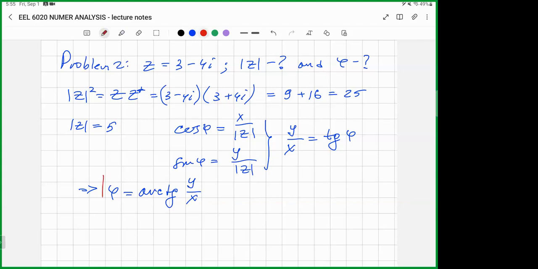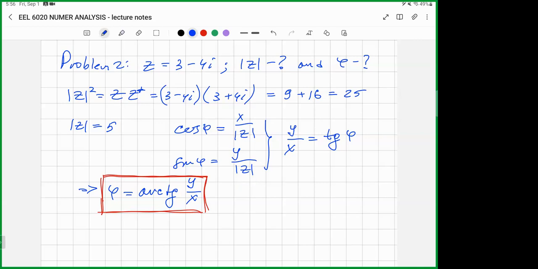We can frame this formula too, because it was actually part of the discussion above. In order to find the angle phi in this polar representation of a complex number, we just need to calculate the arctangent of y over x. Y is the imaginary part, x is the real part.